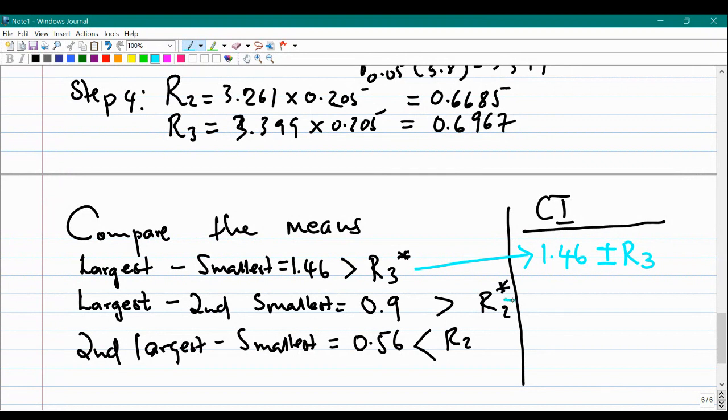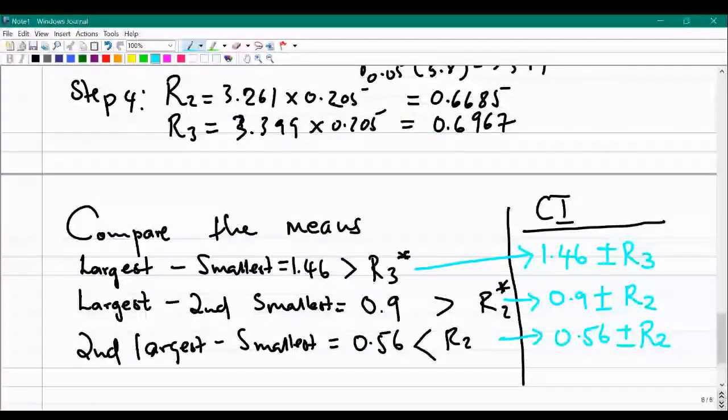When you want to find the confidence interval of the second one, it is 0.9 plus or minus R2. When you want to find the confidence interval of the last one, it is 0.56 plus or minus R2. Which means are not the same there? Can you please check for me? Based on the confidence intervals, which means are not the same?